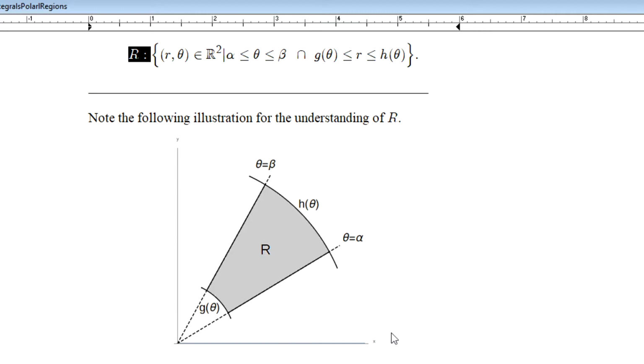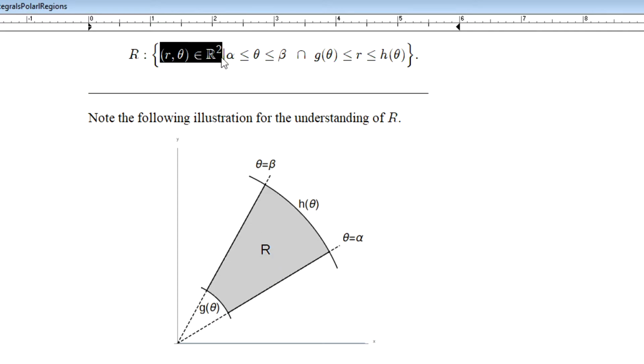Here we can still see the x and y axes exist in this two-dimensional system, and we could define all these coordinates in terms of x and y, but because this describes a polar region, it's going to be better interpreted in the context of the polar coordinate system.